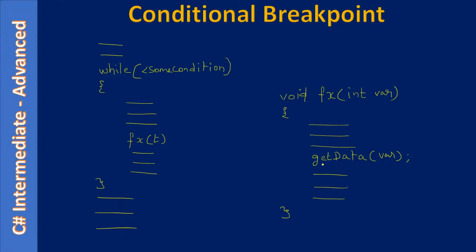Then let's assume that it is making some database call or making call to an internal data structure by supplying the variable to retrieve some data. Since this is a while loop, sometime it may end up with iterating 100 times or 10,000 times or even a million times.